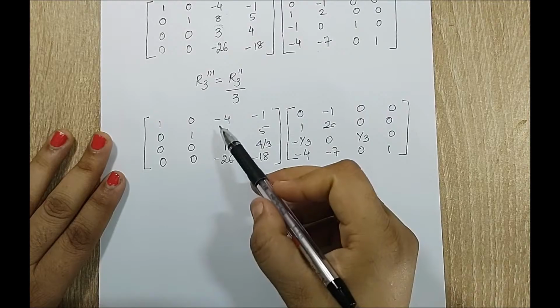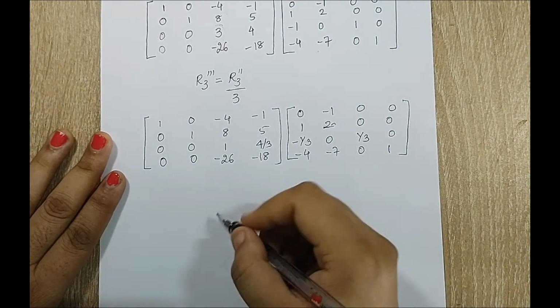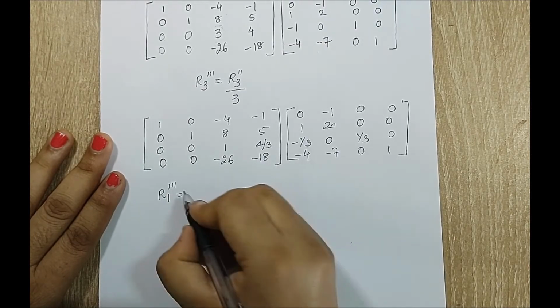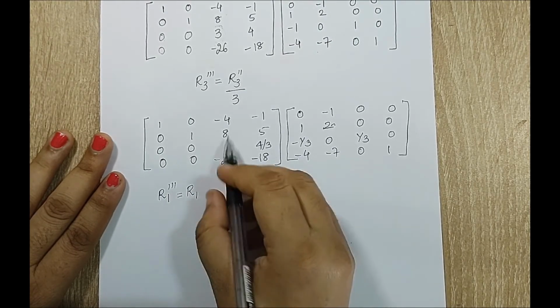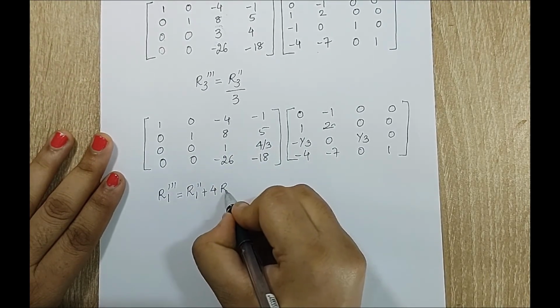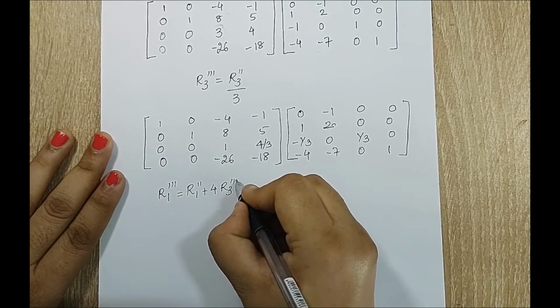Next, I will work towards converting these elements as 0. So I will have R1 triple dash will be R1 double dash plus 4 times R3 triple dash.